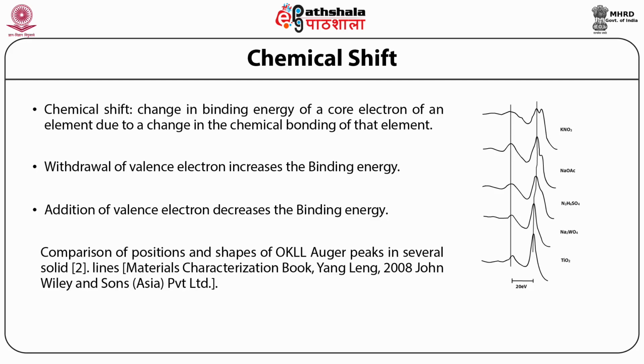The O KL1L23 and O KL23L23 peaks from the oxygen vary in separation by up to 5 electron volt, and the shape of the O KL23L23 peak can be a singlet or a doublet type.